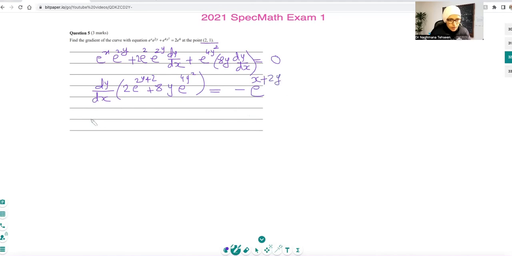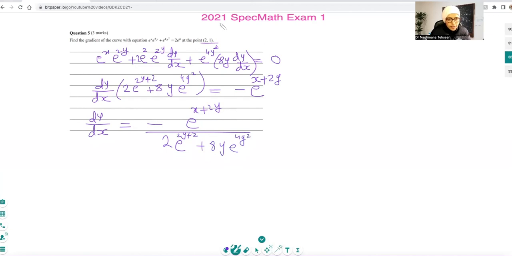And then we say dy over dx is equal to minus e to the power x plus 2y, divided by 2e to the power 2y plus 2 plus 8y e to the power 4y squared.